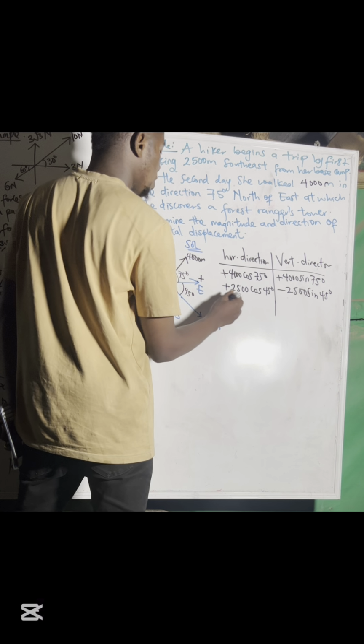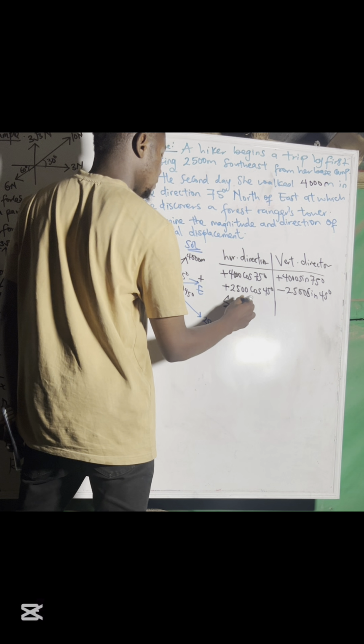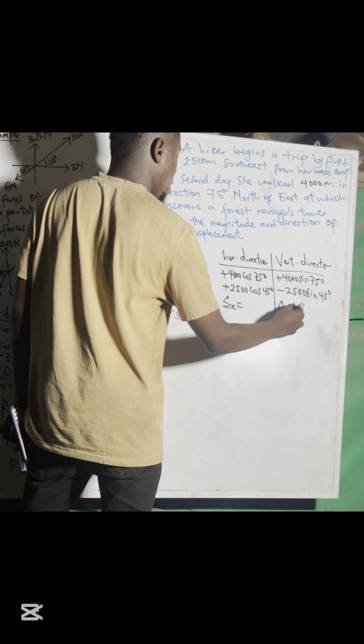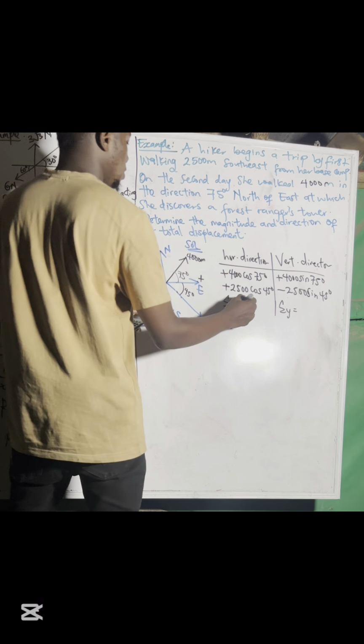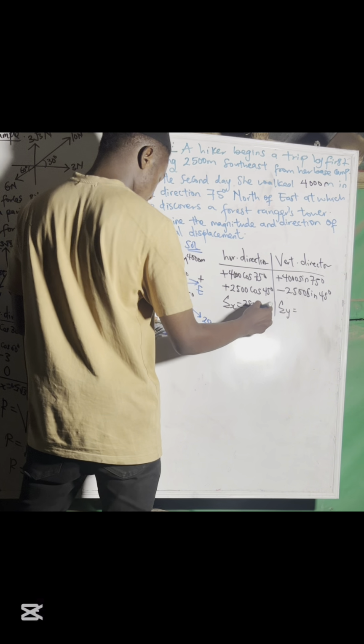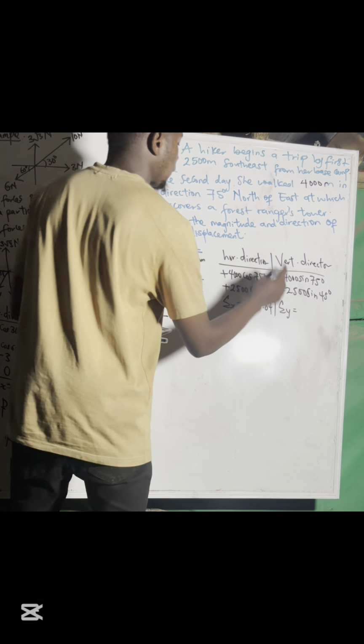Then we are going to look for the summation of x, also the summation of y. So we are going to add the two together. That will be 4,000 cos 75 plus 2,500 cos 45. This is going to give us 2803.04.